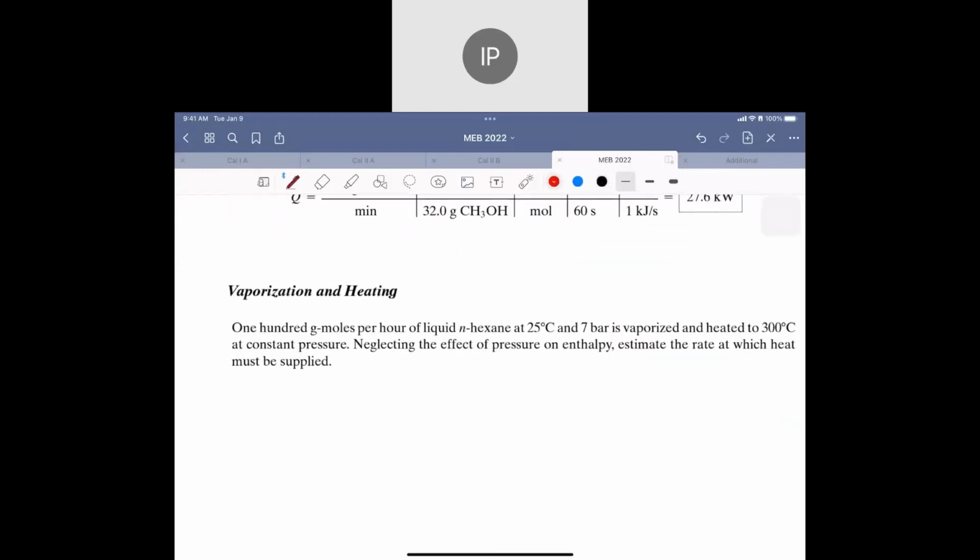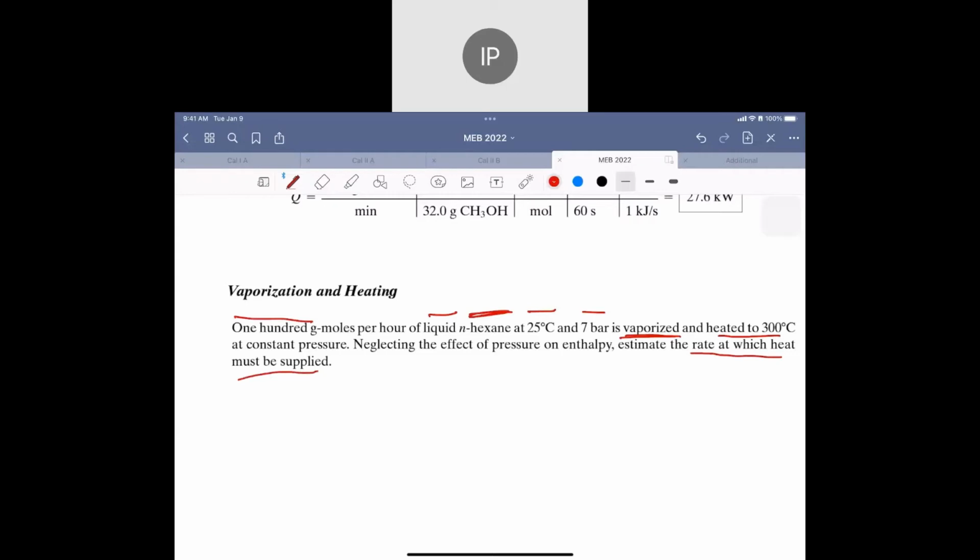Here we have 100 gram moles per hour of liquid hexane at 25 degrees Celsius and 7 bar. It's vaporized. After vaporized, it's heated to 300 Celsius at constant pressure. Estimate the rate at which heat must be supplied.